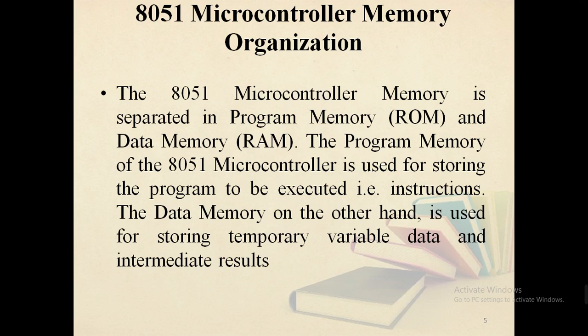The data memory, on the other hand, is used for storing temporary variables and intermediate results. The 8051 microcontroller has both internal ROM and internal RAM. If the internal memory is inadequate, you can add external memory using suitable circuits.